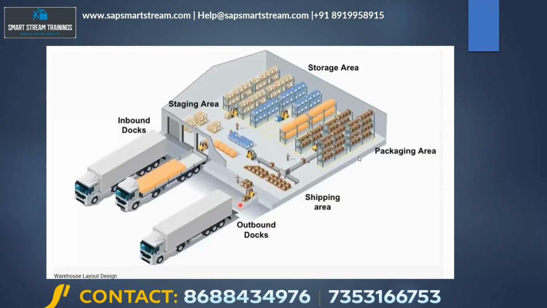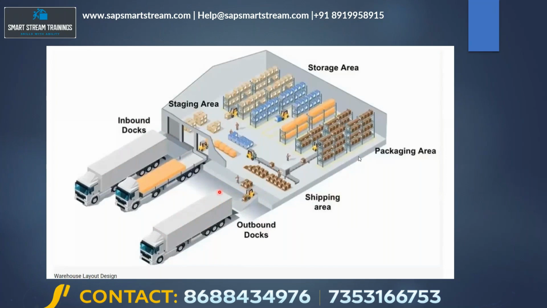Once it is assigned to the door, the resource will start loading it. They will load the truck. Here you can see this small thing. This is a forklift. You might have seen it in movies, or even on Google. If you search, you can see the forklift. By using this forklift, these people will load this truck.